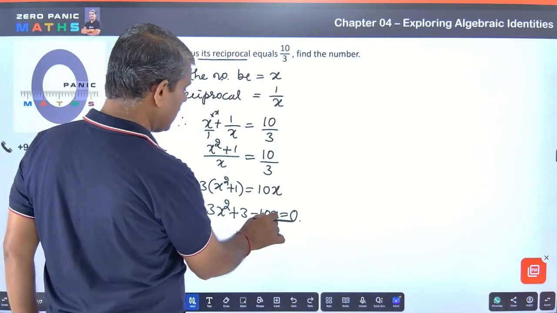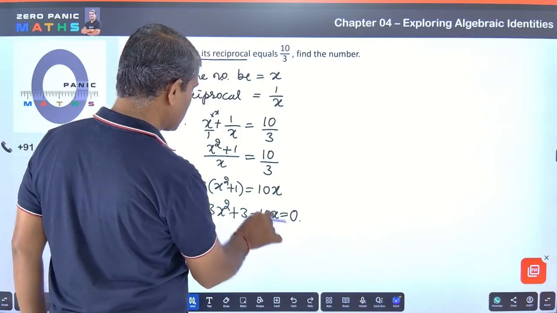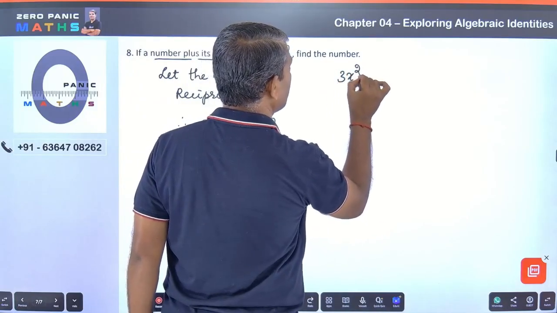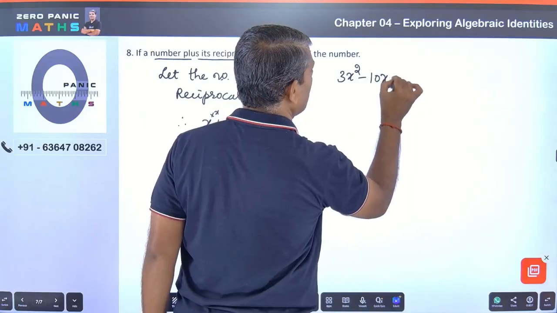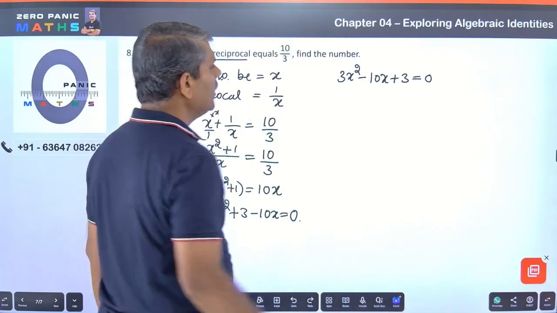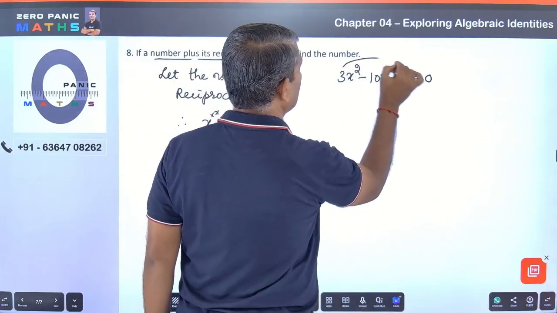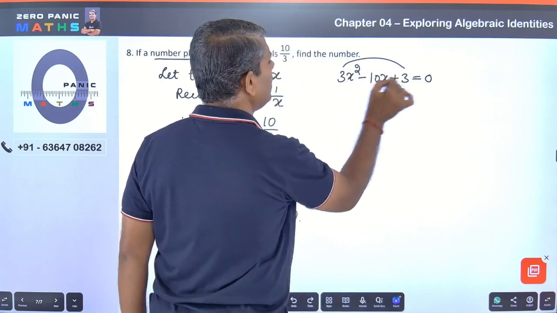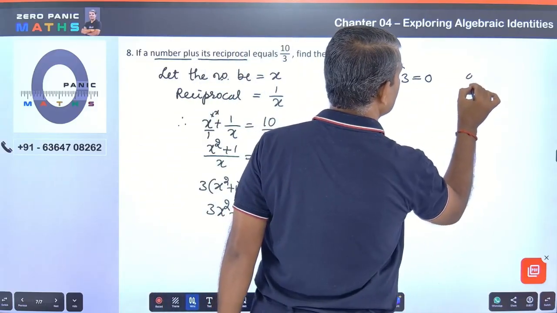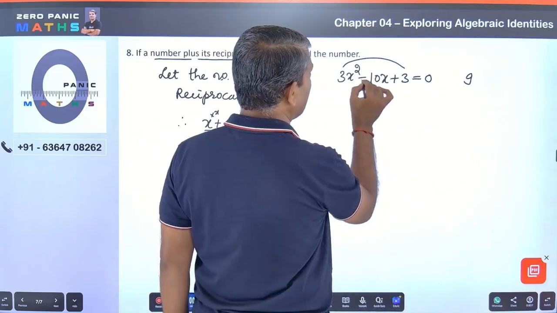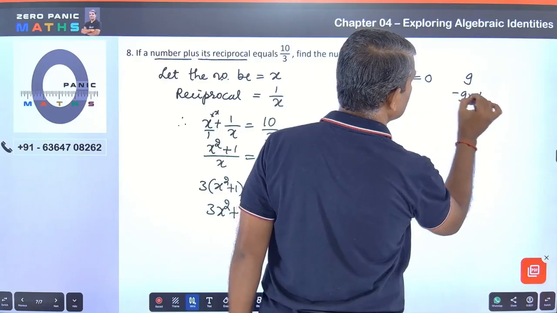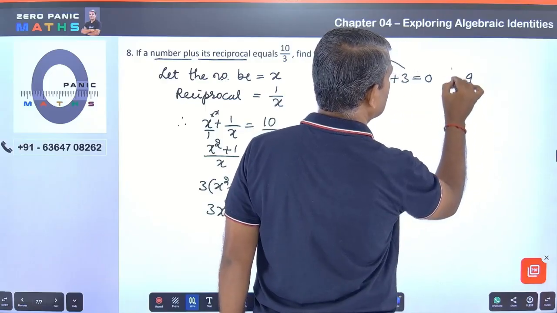Let us write the minus 10x as the middle term and the constant 3 on the right side; this will be an algebraic equation that we can resolve. Plus 3 is equal to 0. Now we have to take the product of the coefficient of x square and the constant term, that is 9. There is a minus 10 here, so 9 ones are 9, that gives the required product, and both are minus.